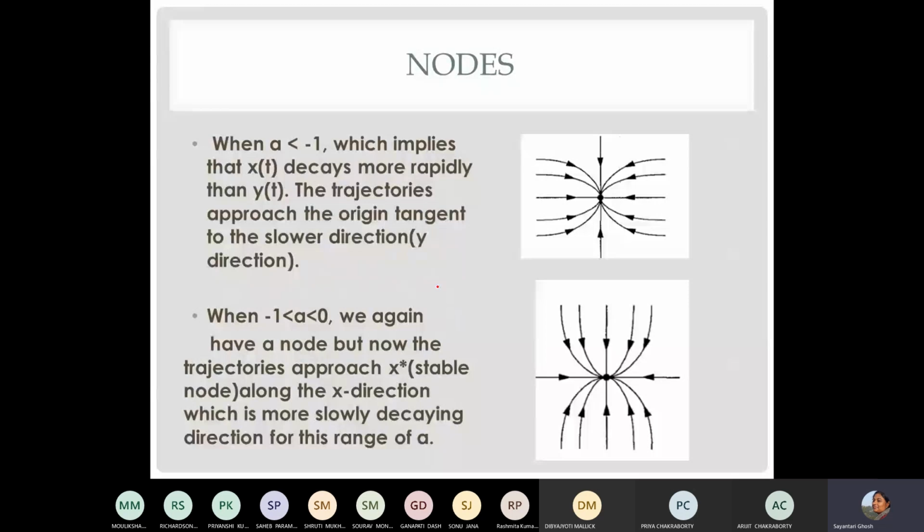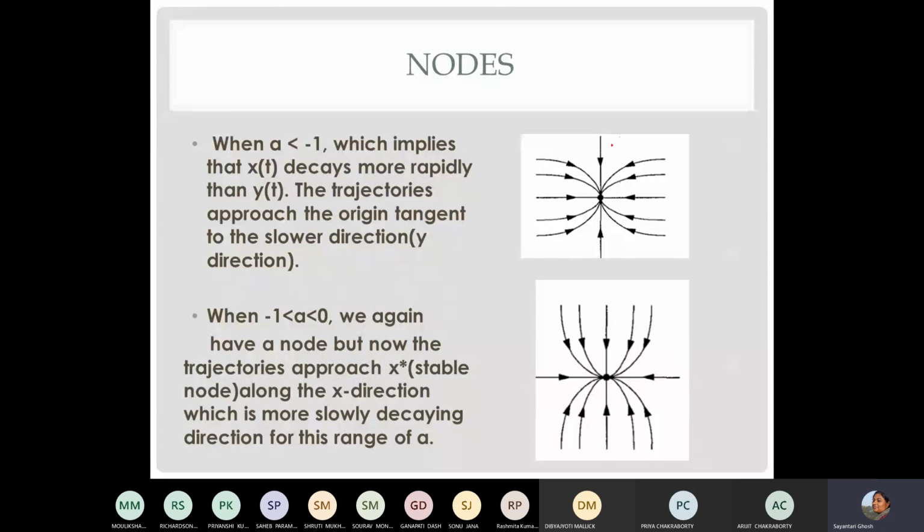Every point in this phase space describes the system at that point in time, and as time changes, this point moves in the phase space and we get a trajectory. So that is the phase trajectory, and these are your phase trajectories. As you go on plotting X, Y for different values of time, what we get is these trajectories.